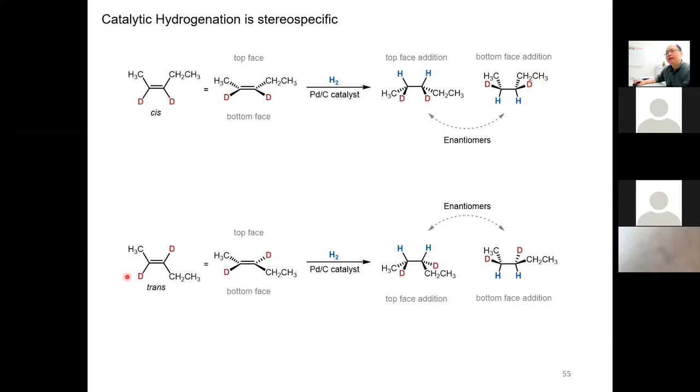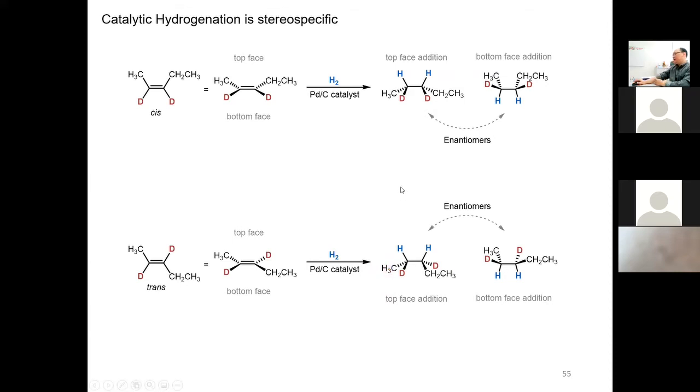If it's a trans alkene and it reacts here, now the two H atoms will be one pointing back and one pointing up in the front. The product from the bottom face attack of the hydrogen is its enantiomer. If I ask what's the relationship between this one and this one, can you figure it out? Yes, it's a diastereomer, right?